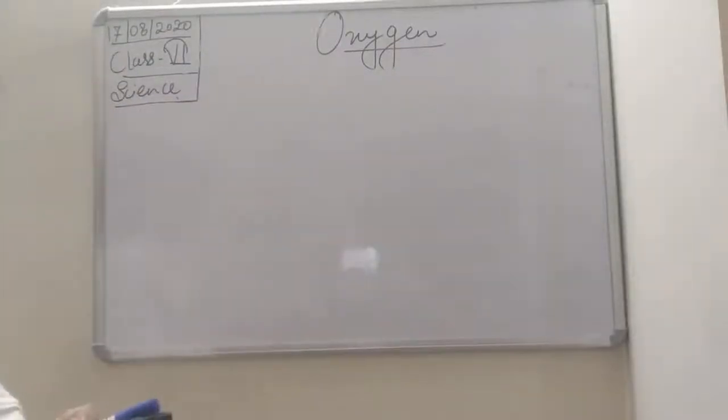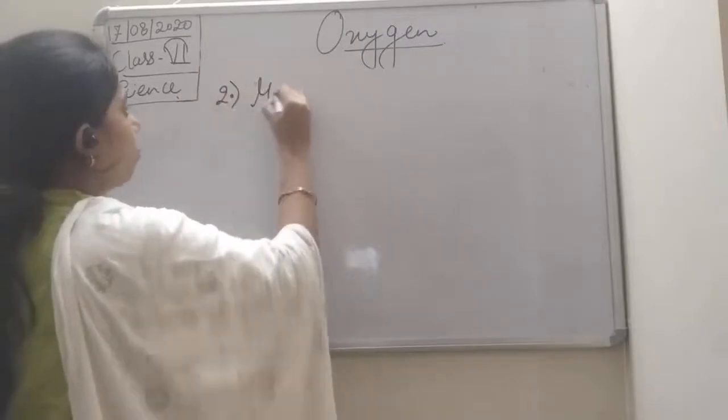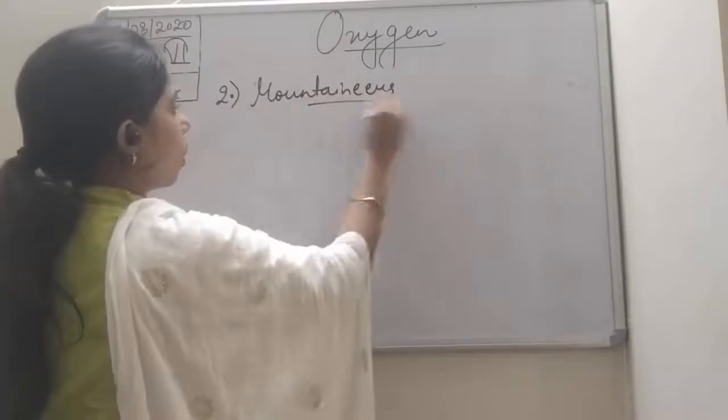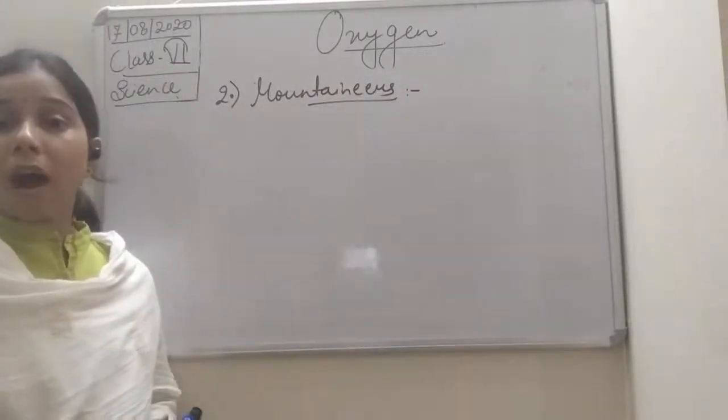Now the second one, students, is mountaineers. What happens for the mountaineers?